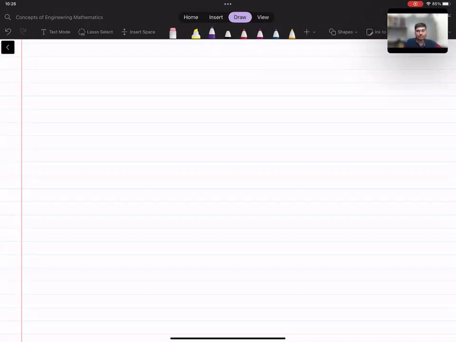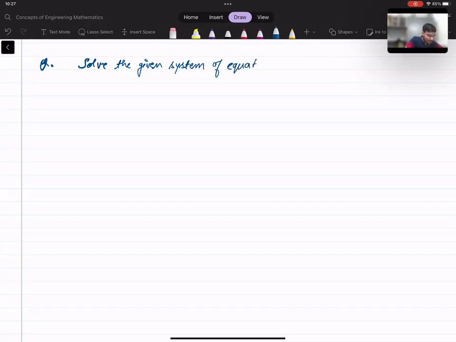Okay, so we will solve a system of linear equations using the Cramer's rule. So we have now the question. Solve the given system of equations using Cramer's rule.